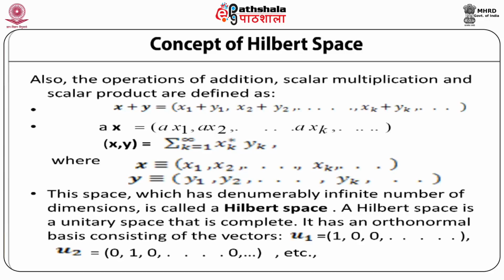That means it satisfies the property of completeness and is unitary. Further, it has an orthonormal basis consisting of the vectors u1, that is vector u1 is equal to 1, 0, 0 and so on. Vector u2 is equal to 0, 1, 0, 0 and so on, and so on. That means we can similarly define vectors u3, u4 and so on.